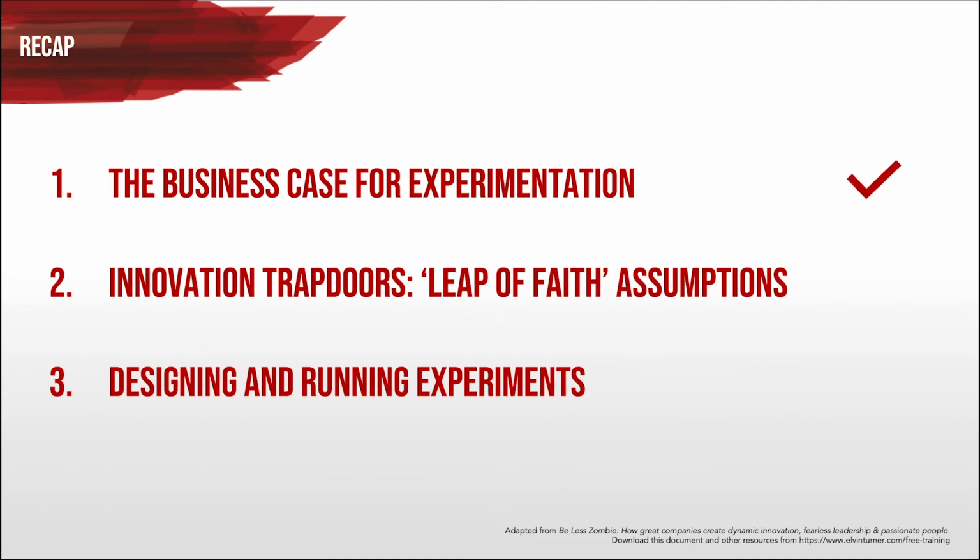Secondly, let's look out for innovation trapdoors, these leap of faith assumptions in our ideas, identify what they are, prioritize them, and then we can start to run some small, fast, cheap experiments that give us rich and valuable data to inform decision making, which is coming from a place of much higher confidence than gut feel or reports that perhaps haven't been so helpful in the past when we've been trying to make decisions about where to go next.